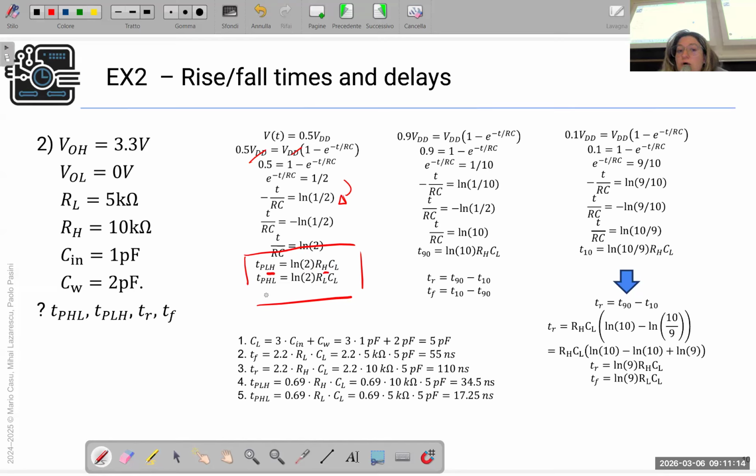If we have to go from high to low, we have to use R low. Let's do the same with the rise and fall time. In the first case, we have to calculate 0.9 VDD, and in the second case, 0.1 VDD.